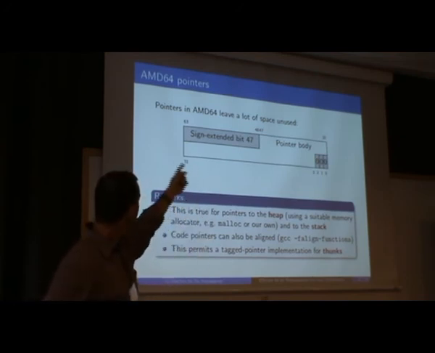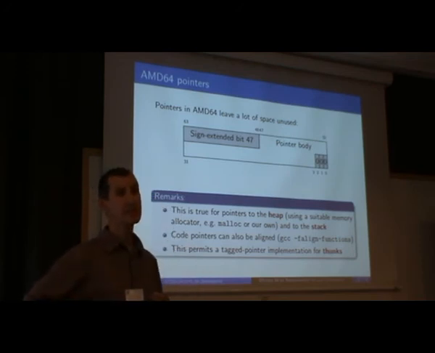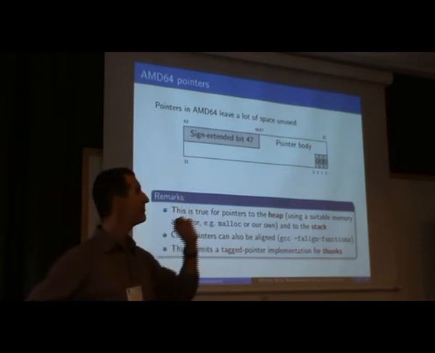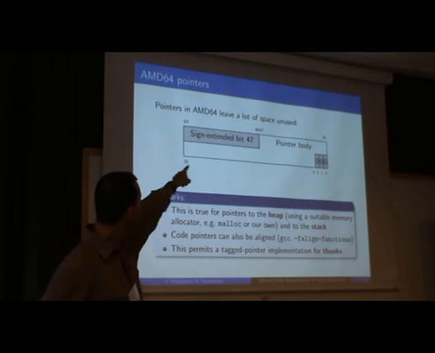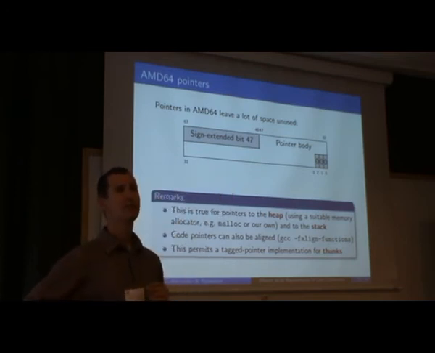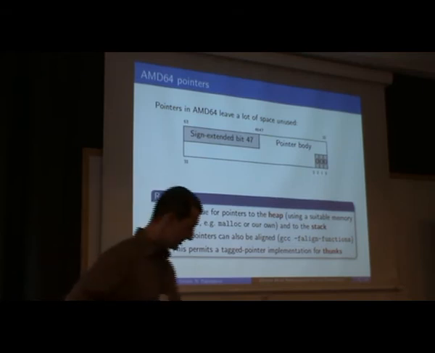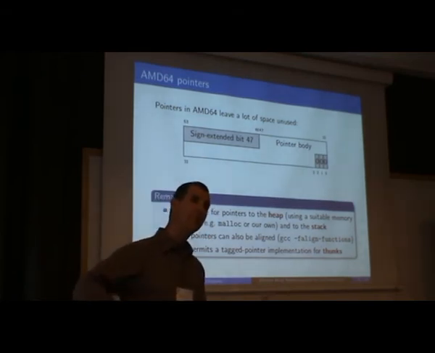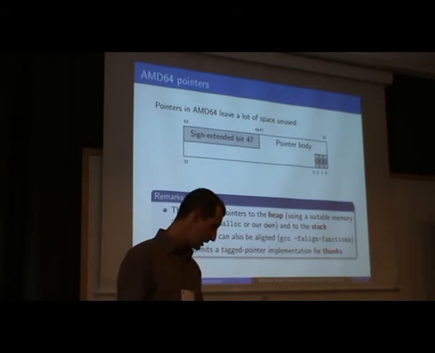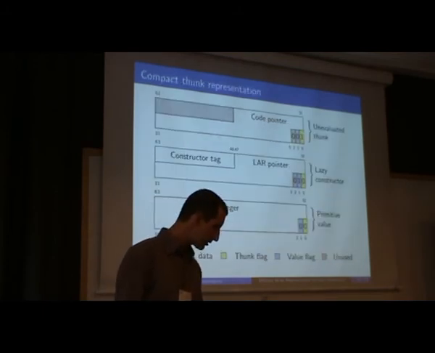And also the most significant 16 bits have a very specific value: they have the same value as the 47th bit. This is in the specification for AMD64. So we were thinking that we could take advantage of that in order to have a more compact representation for lars and for thunks.